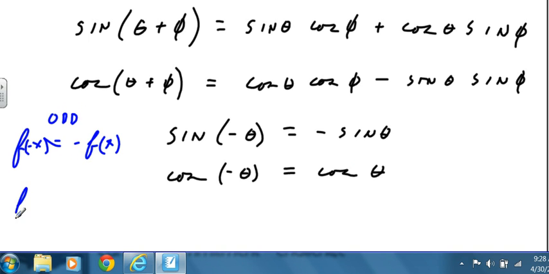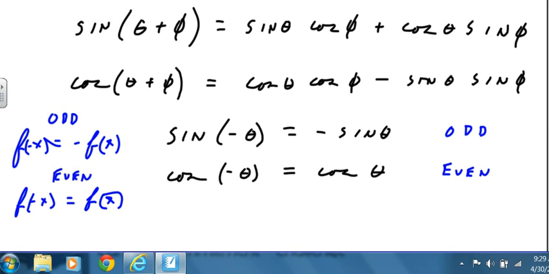And if we have a function at minus x equal to the function at x, we call that an even function. So sine is an odd function, and cosine is an even function.